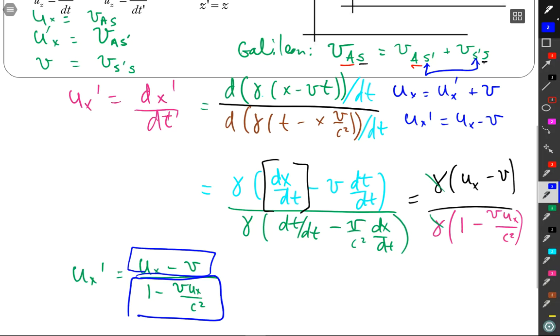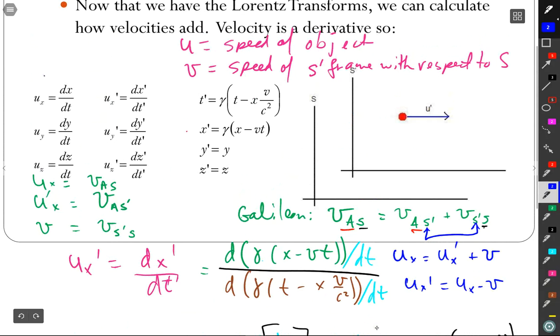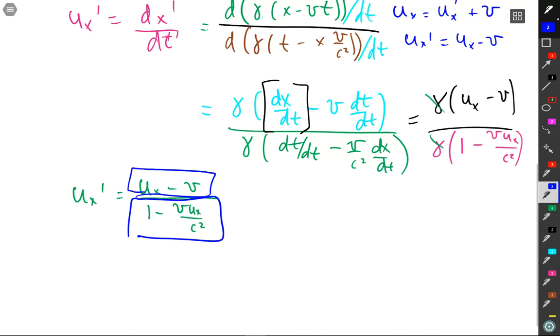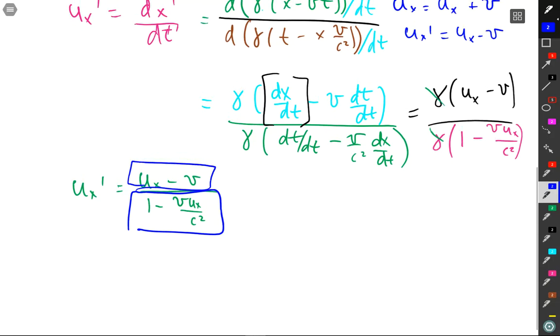So we derived, using these Lorentz transformations, how the speed of an object is going to be different in one reference frame compared to another, or how you add velocities. So let's take the example that I gave you at the beginning of this segment. Let's take the example where v is equal to 0.5c and ux prime is equal to c, right?